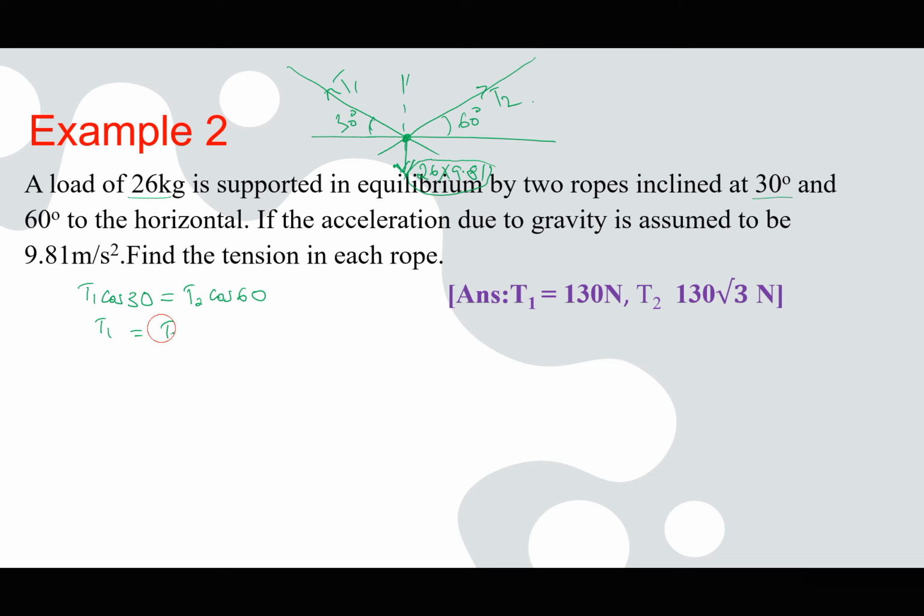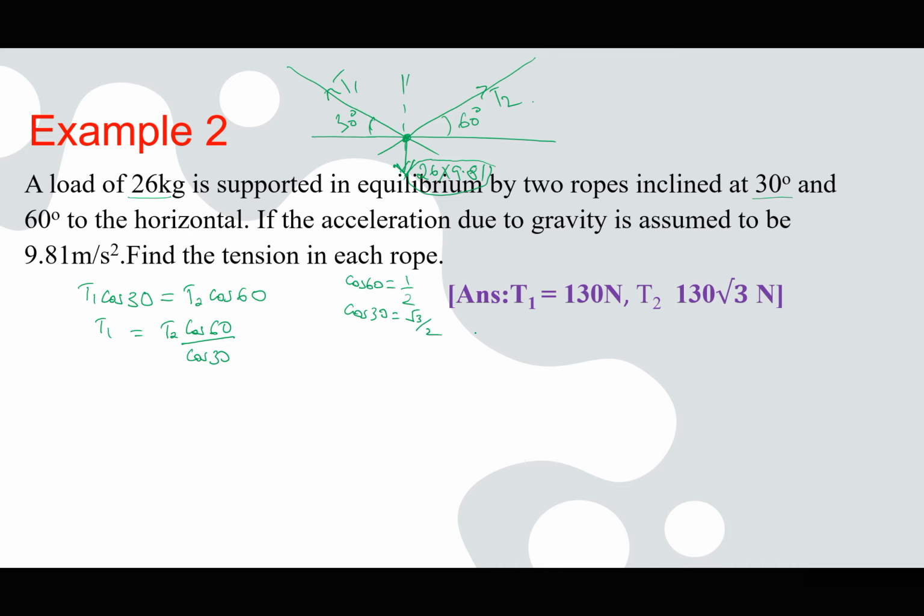which means T1 is going to be equal to T2 cos 60 divided by cos 30. If you're a good mathematician, cos 60 is the same as sine 30. Cos 60 is a half, and cos 30 is root 3 over 2.